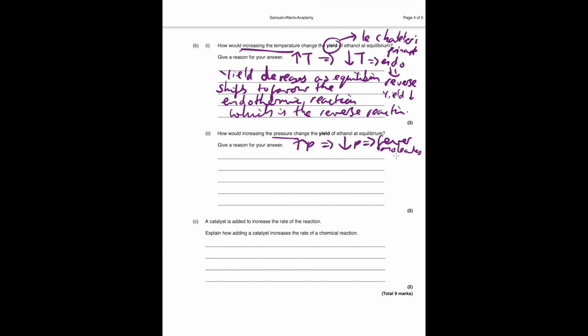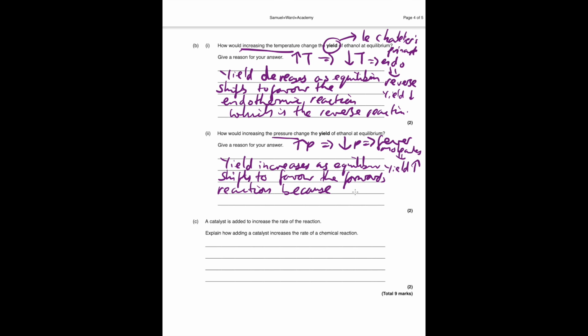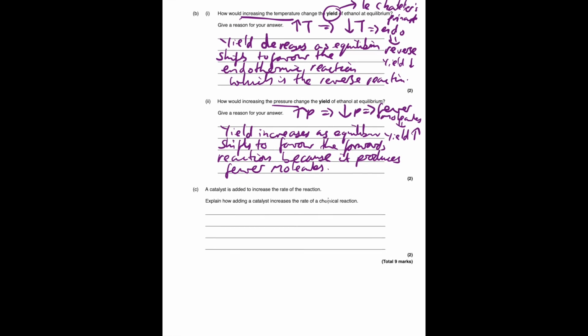So now our yield is going to increase as the equilibrium shifts to favour the forwards reaction, because it produces fewer moles. And therefore that would reduce the pressure.